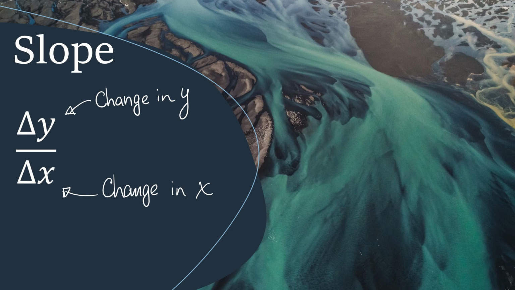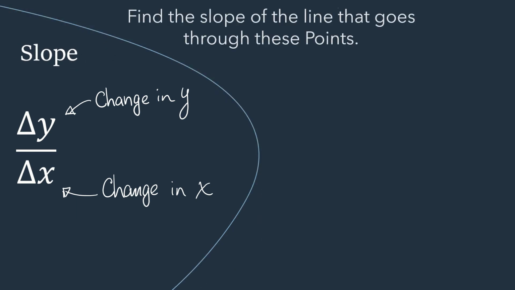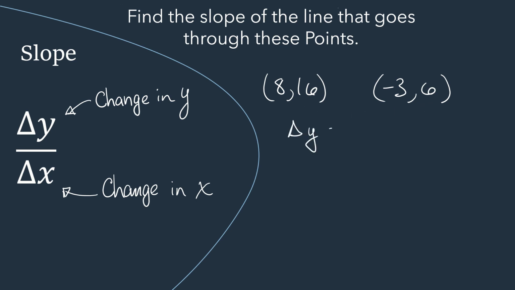So for example, if I was given these points, and by these points I mean the points (8, 16) and (-3, 6). First of all, I'm just going to go ahead and identify the change in y. You can see my y values are 16 and 6. So the change in y is 16 minus 6.